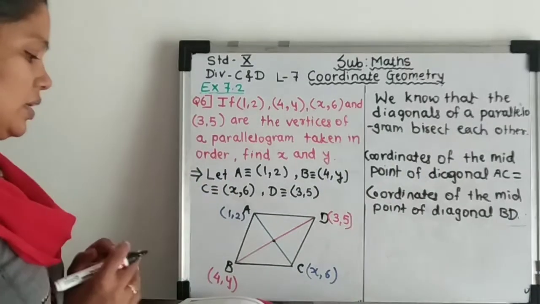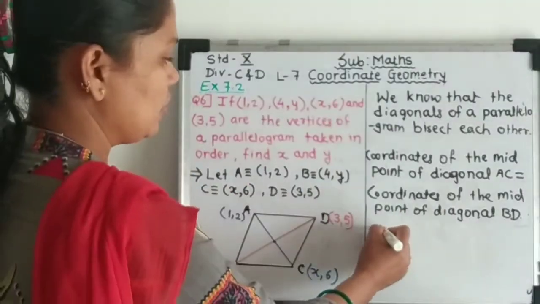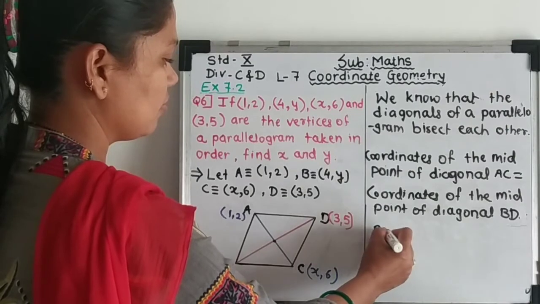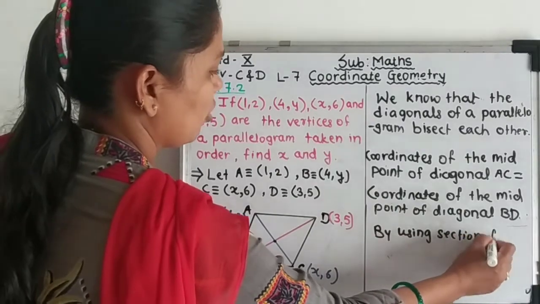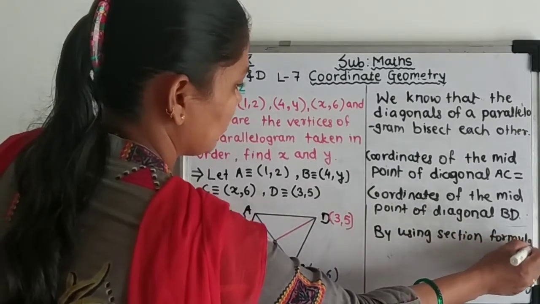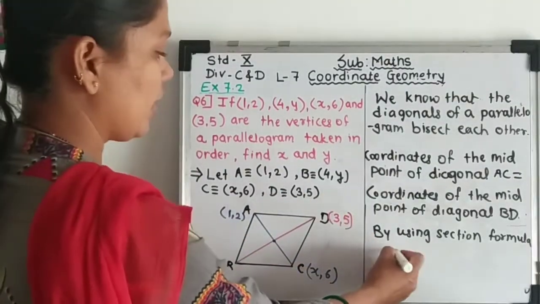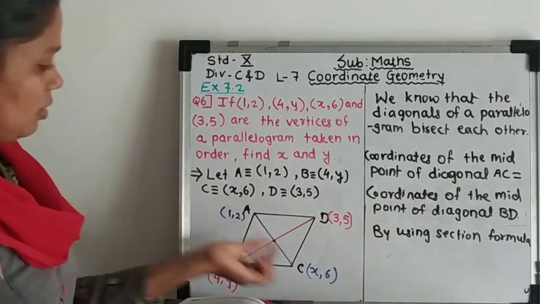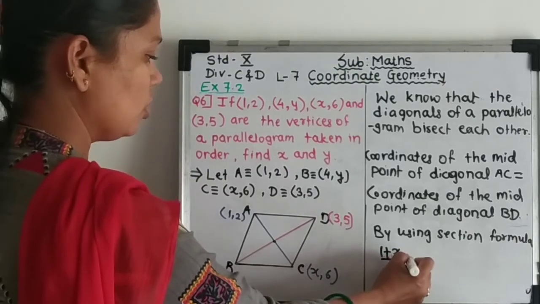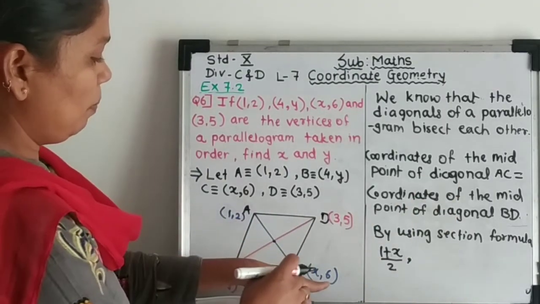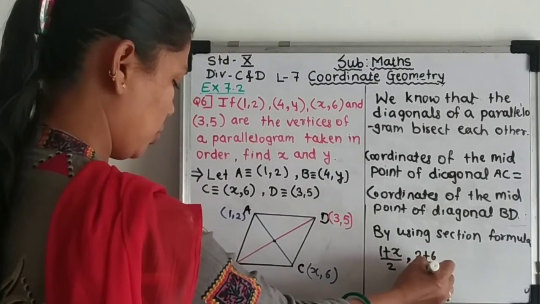Understood this one? So let us write it down with the help of the section formula, or midpoint formula, because here we are going to get the midpoint. So we will write (1 plus x) upon 2 comma (2 plus 6) upon 2.